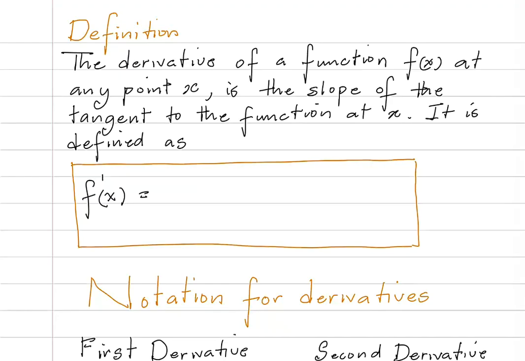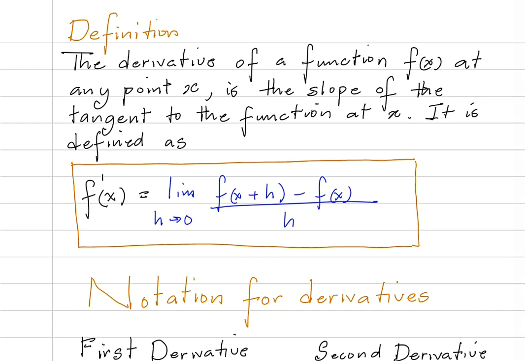Definition. The derivative of a function f of x at any point x is the slope of the tangent to the function at x. It is defined as f prime of x is equal to the limit of f of x plus h minus f of x over h as h approaches 0.